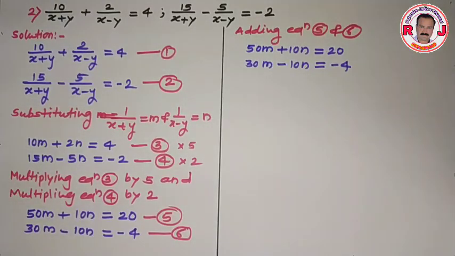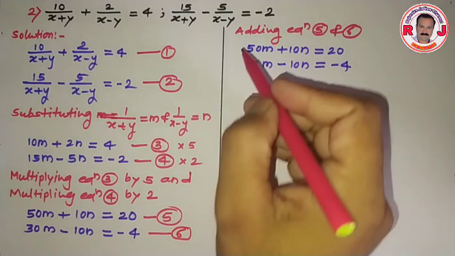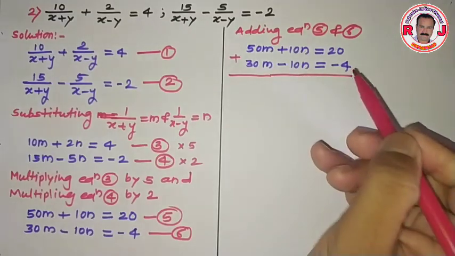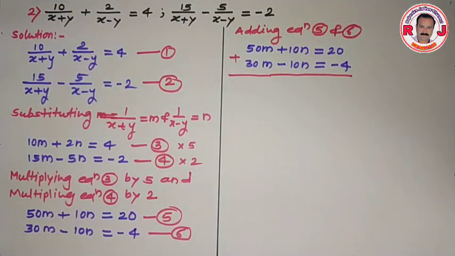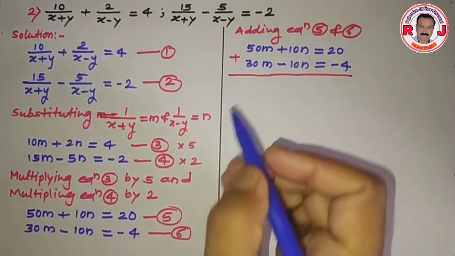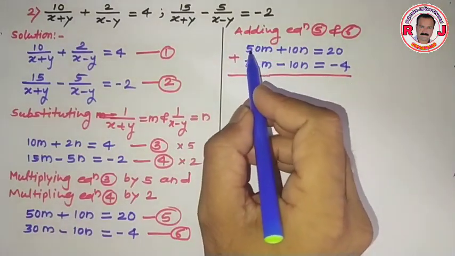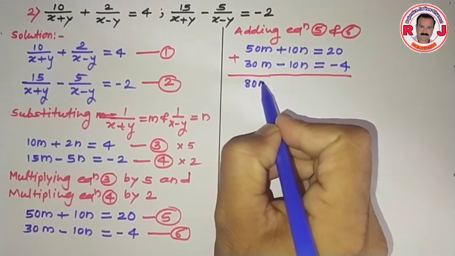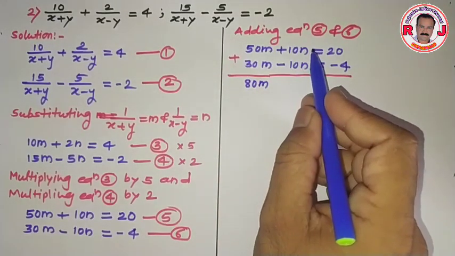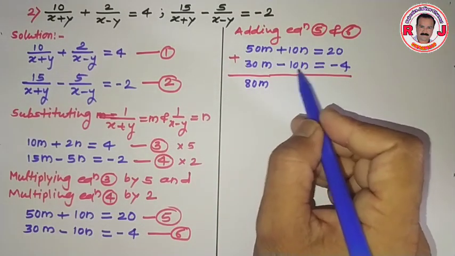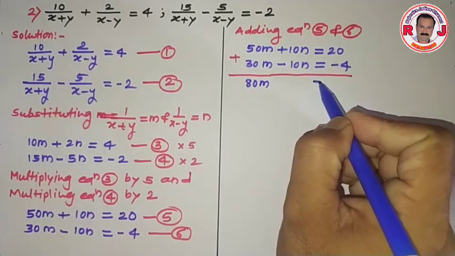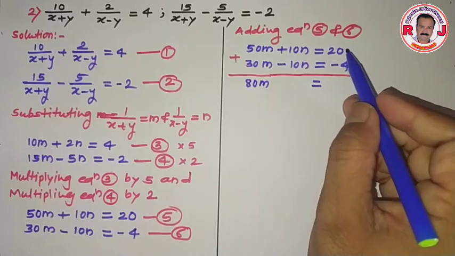Here it is adding, so do not change the sign of the second equation. या ठिकाणी बेरीज आहे त्यामुळे दुसऱ्या समीकरणाची चिन्ह बदलणार नाहीत. 50m plus 30m is 80m, plus 10n and minus 10n, eliminating these two terms, या ठिकाणी एकमेकाला कॅन्सल होतील.